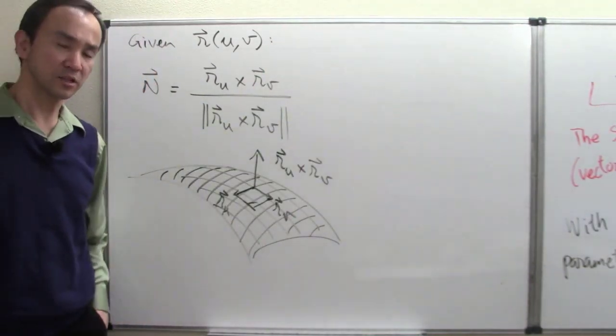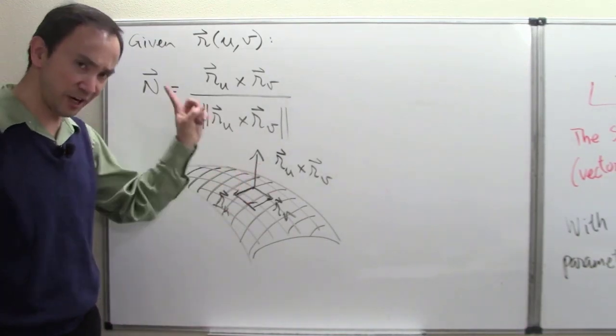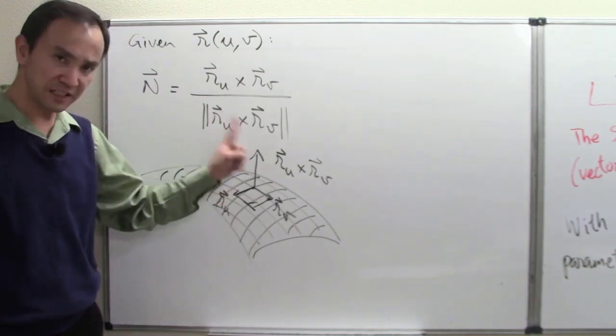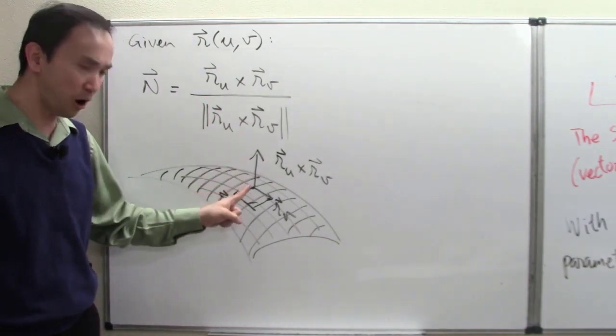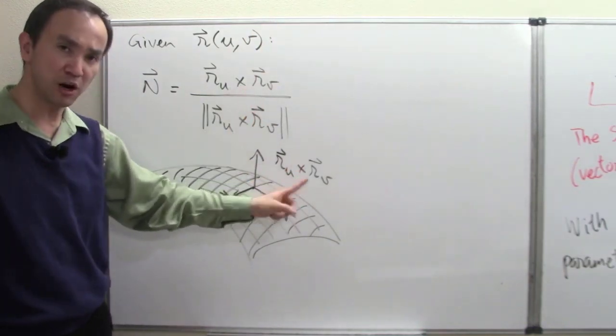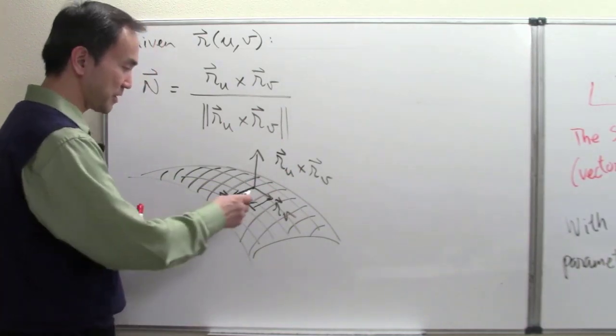I'm not saying pointing down or pointing up, I'm not talking about the direction, but the rule of thumb is that the normal vector will always point away after taking the cross product, and it is perpendicular.